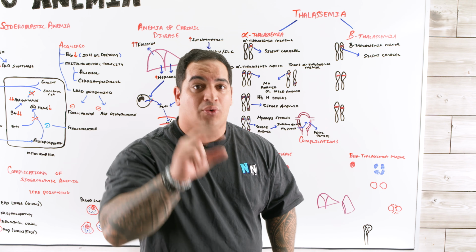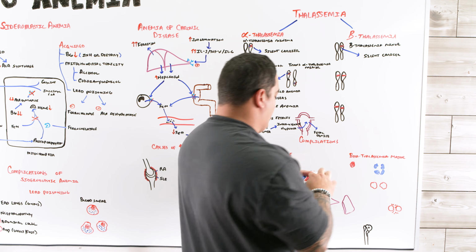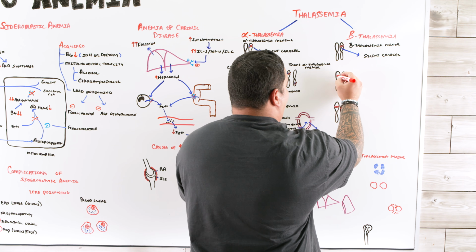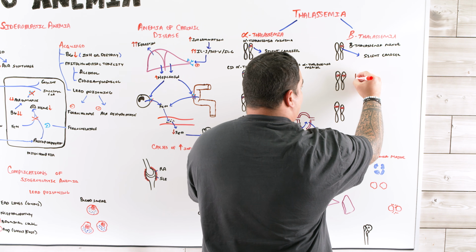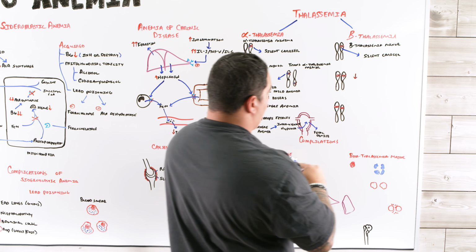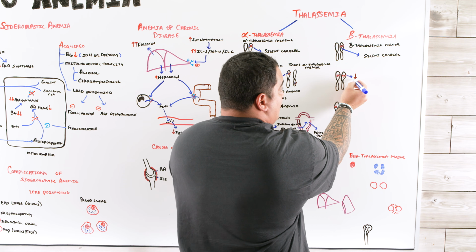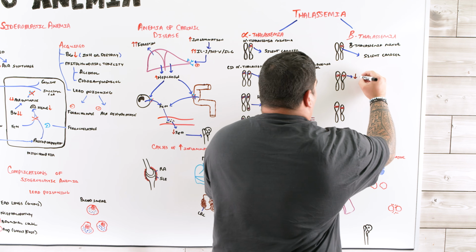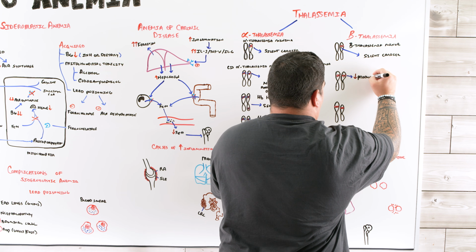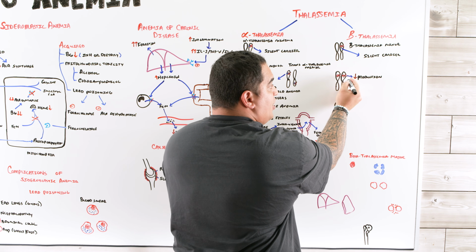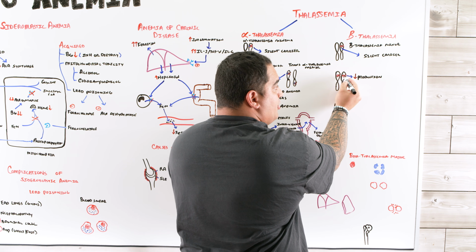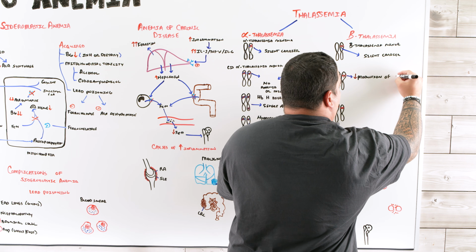All right. If there is a decreased production of 2, it has to be 2. Again, it has to be decreased production. So I'm going to write this one down. Let's say that there is a point mutation, but this point mutation leads to a decreased production. And this one, it's either decreased or absent, doesn't matter. For this one, it has to be decreased production on 2 of the beta globin genes.